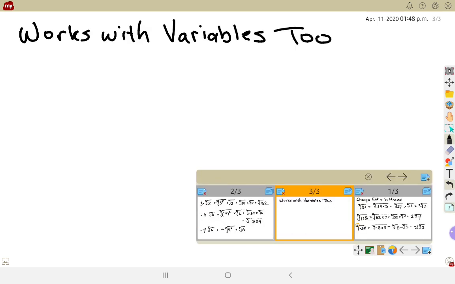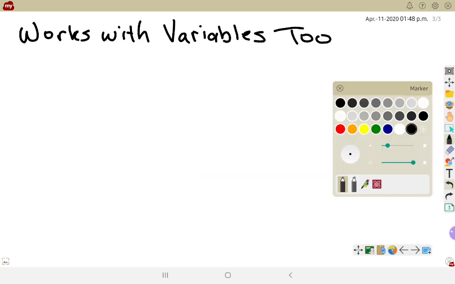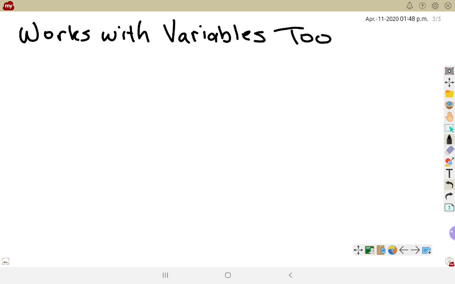Okay, now these things also work with variables as well. So this one's listed as an extension in your book, but really I almost find doing this with variables is easier than trying to work with numbers, because it's much easier to see whether or not you've got perfect squares for your exponents on a variable than it is to know all of the different perfect square factors that you can possibly pull out.